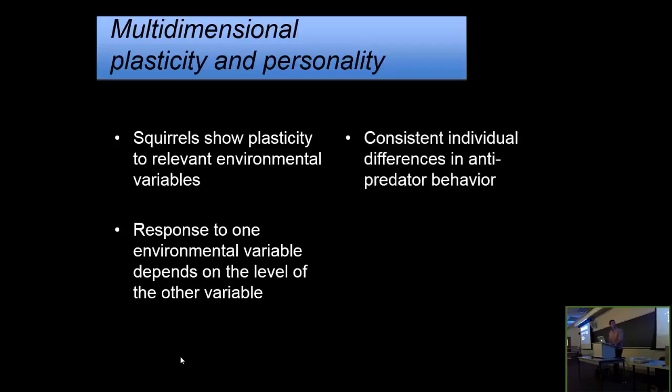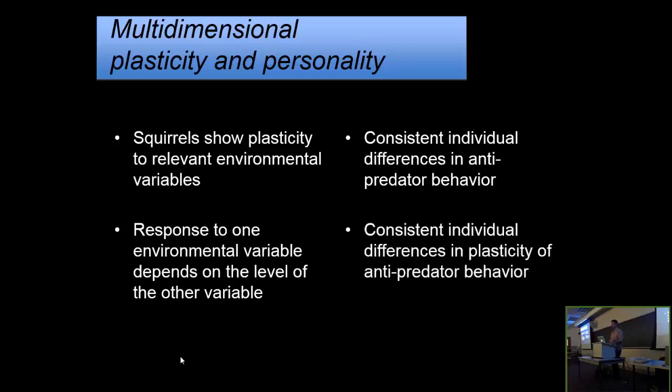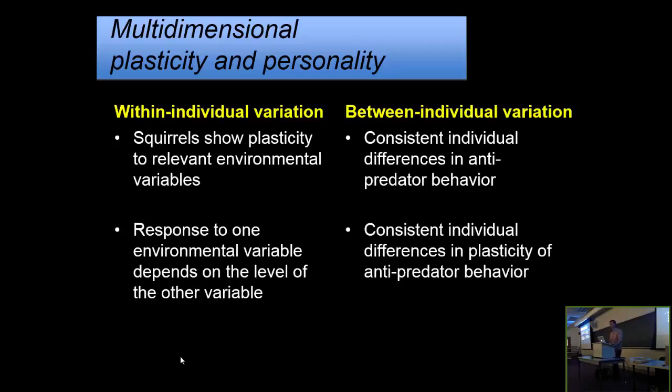And then we also see that there are consistent differences in anti-predator behavior and consistent individual differences in plasticity of anti-predator behavior in different environments. And I want to break this down in two ways that we can categorize into within individual variation and between individual variation.